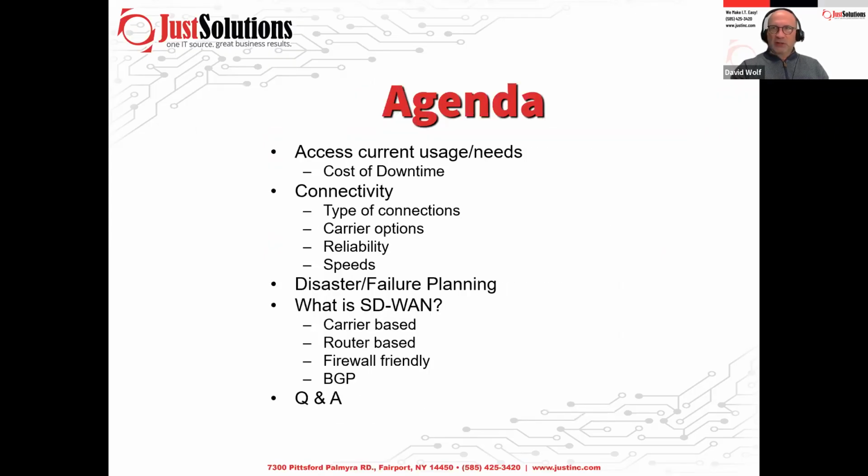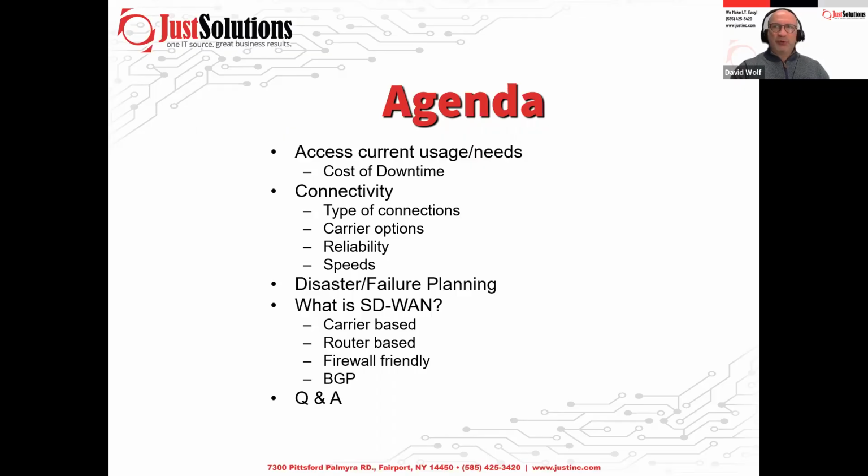First, we're going to talk about reviewing your current needs and usage, and I want to review that because it's changing constantly. Then connectivity and the different options. Then disaster and planning for a failure, which is inevitable. Then I'll introduce a term that may be new to you.